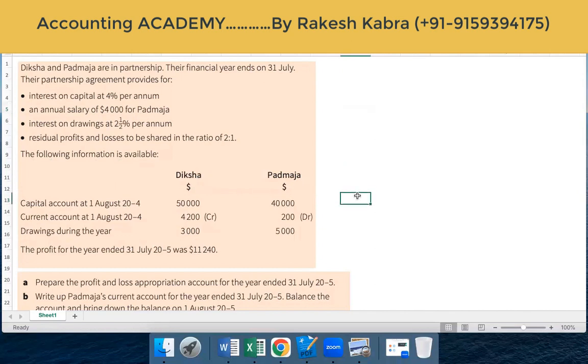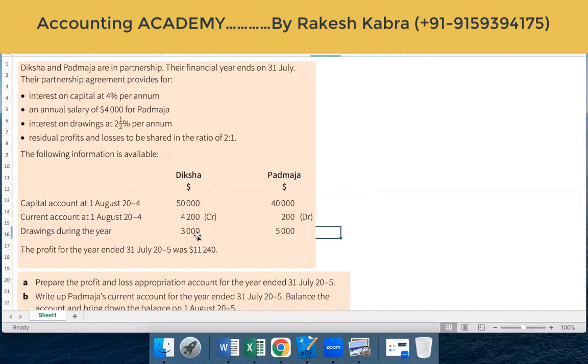What is the capital on the beginning date? 50,000 from Diksha and 40,000 from Padmaja. What is the status of their current accounts on 1st August 2004? 4,200 credit balance for Diksha and 200 debit balance for Padmaja.